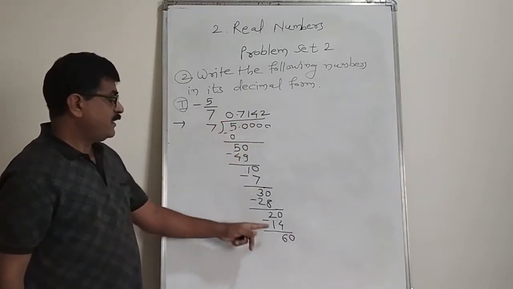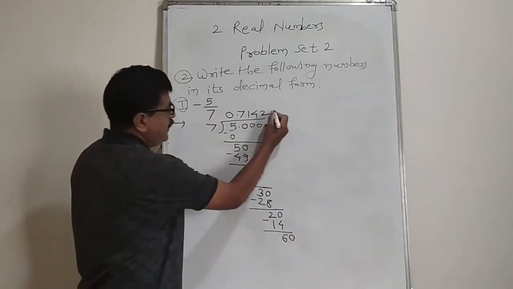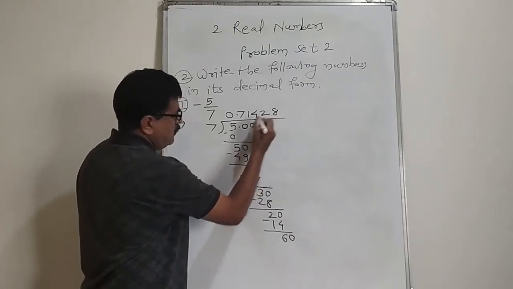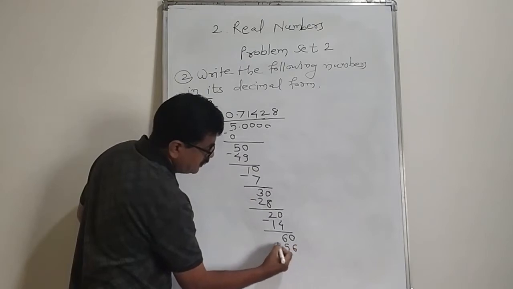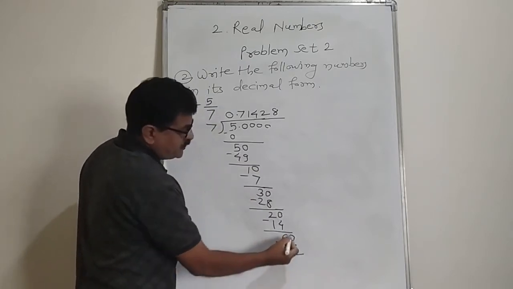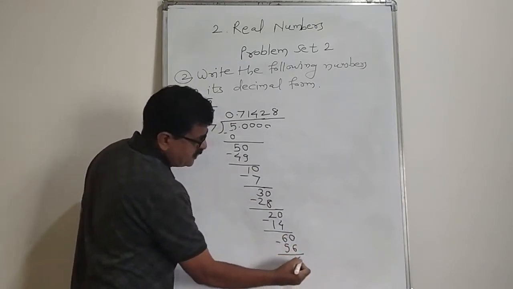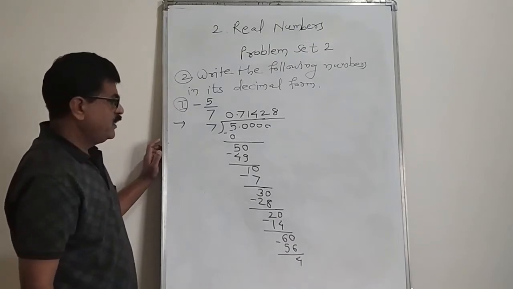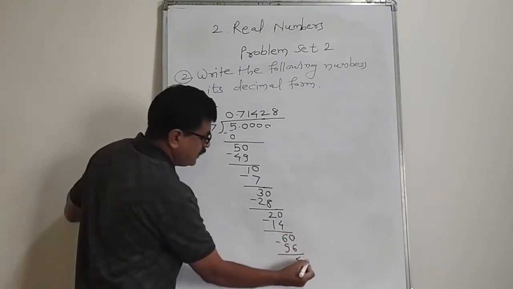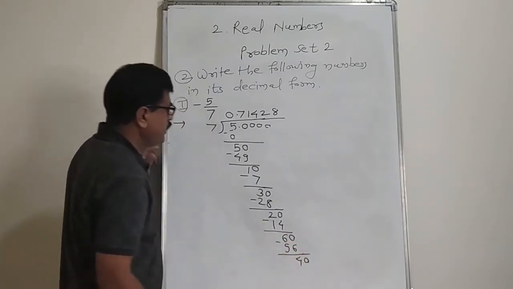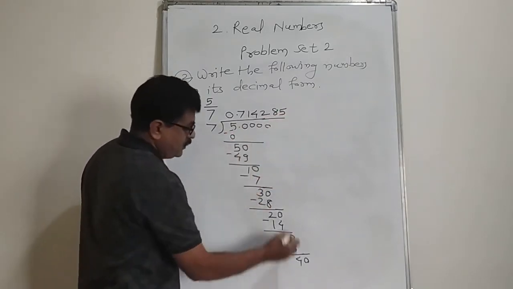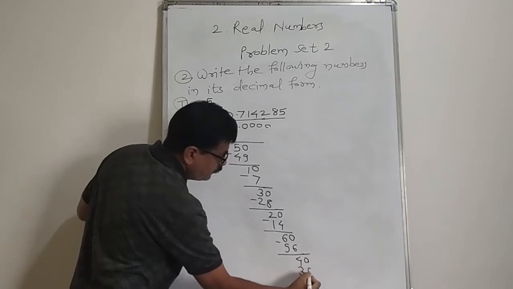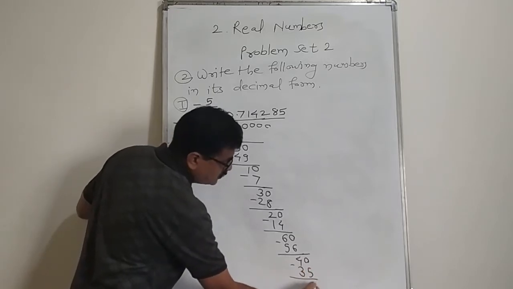Now dividing by 7, 8. Now 8 into 7, 56. 60 minus 56 is 4. Now here also taking 0. Dividing by 7, 5. 35, minus 5.